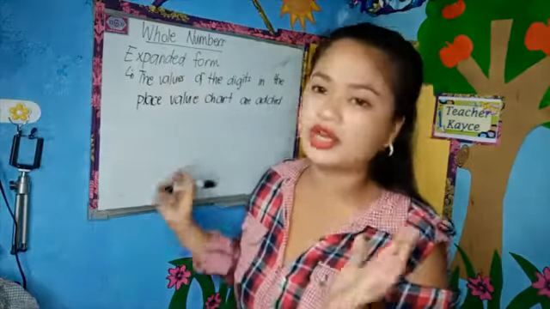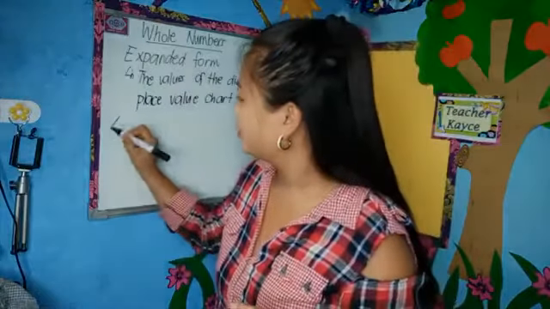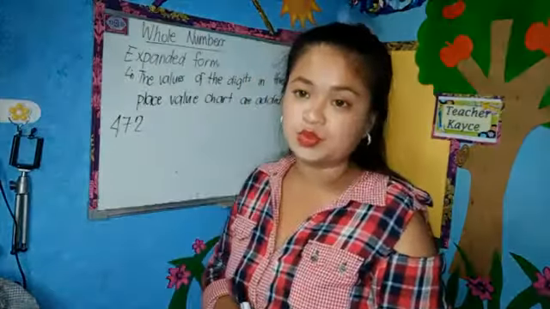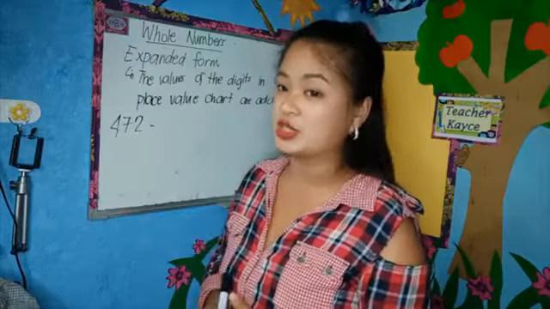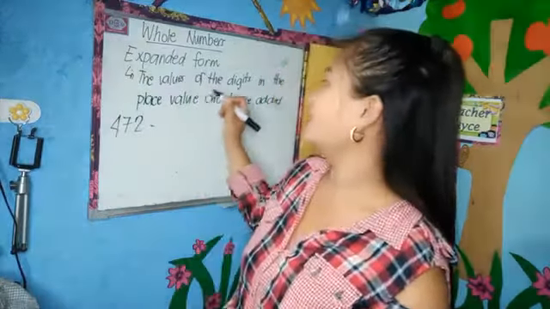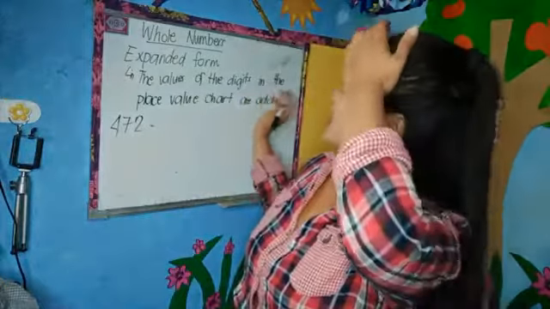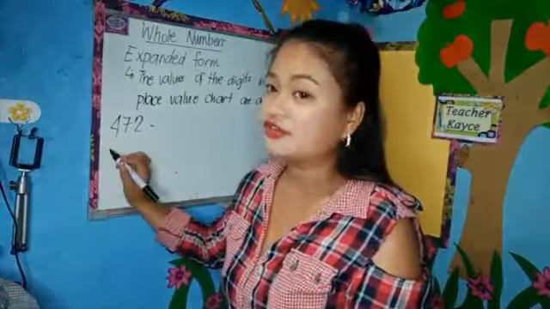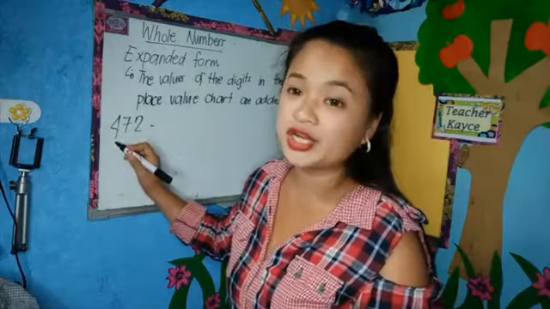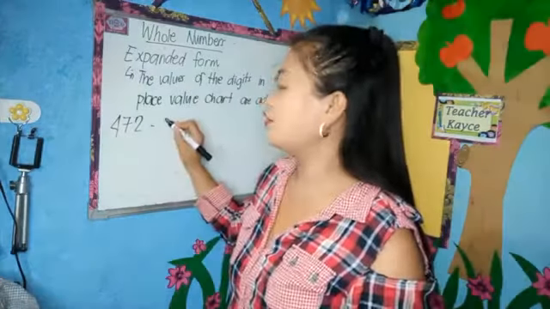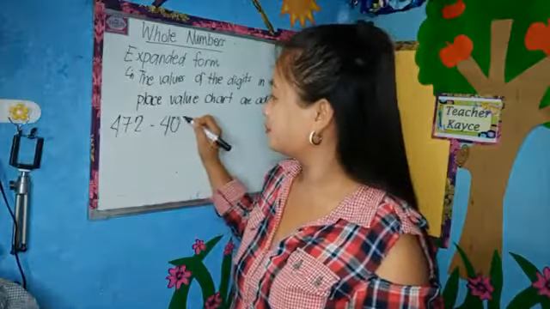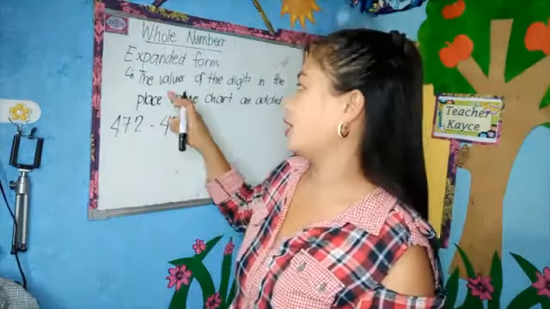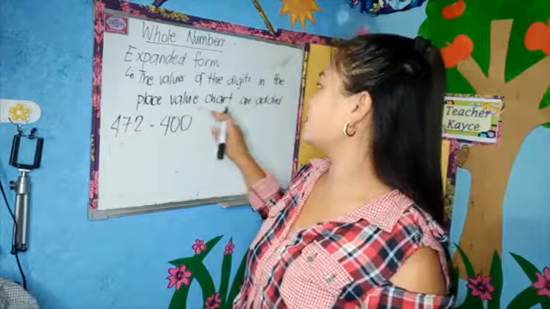A while ago, our whole number was 472. So let's proceed to its expanded form. Again, the values of the digits in the place value chart are added. 4 serves as your hundreds, and it's 400, right? Again, it's 400.